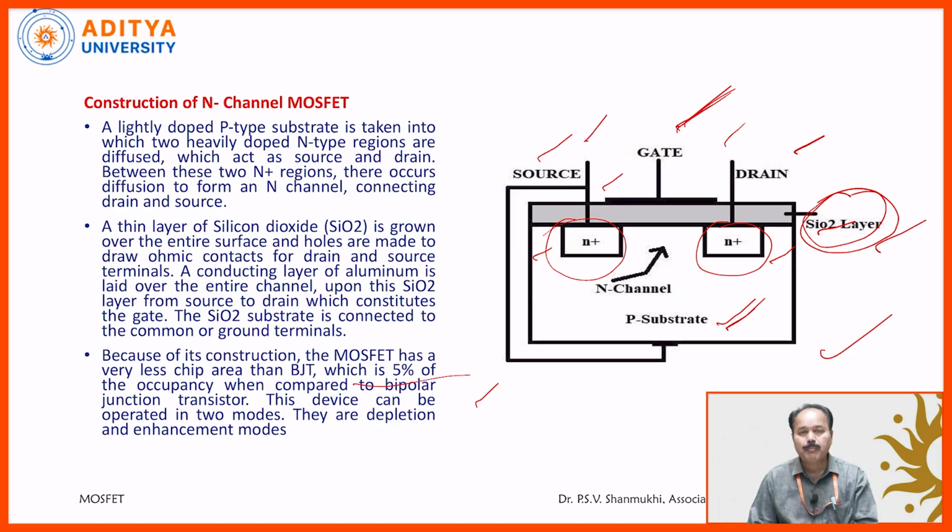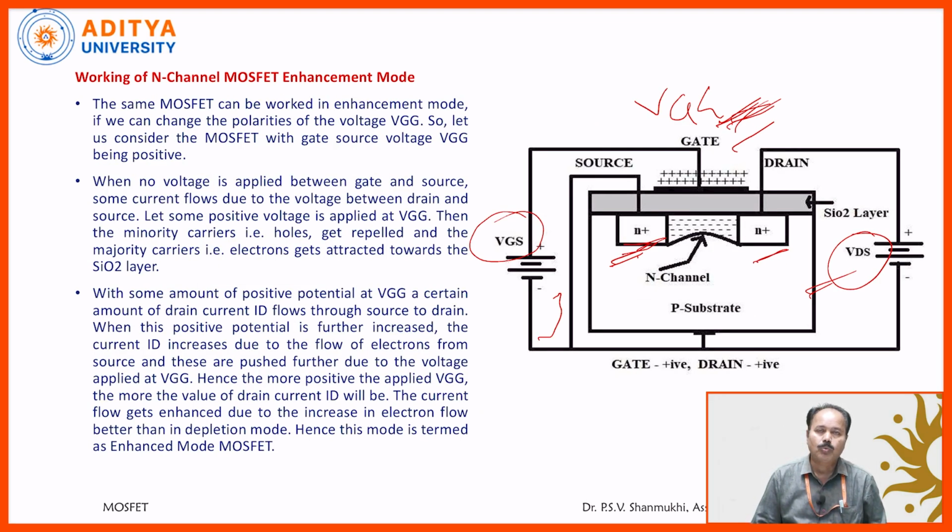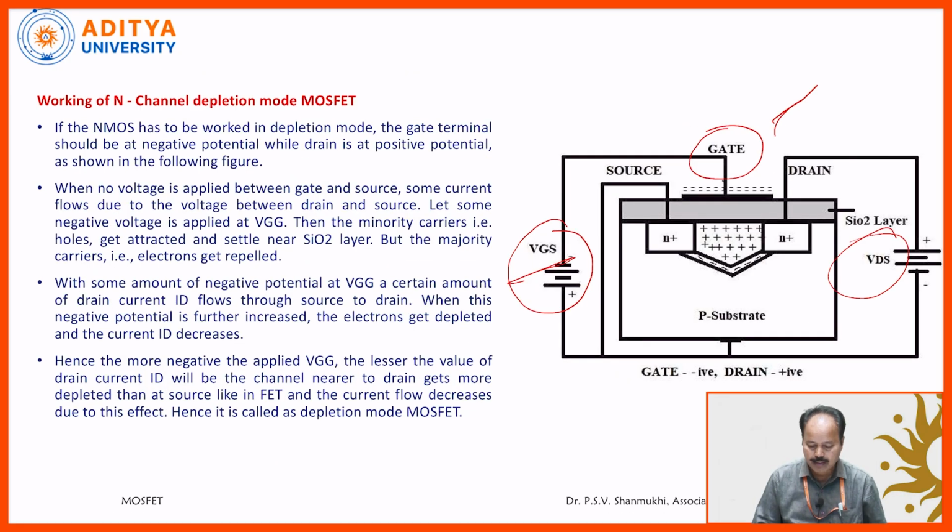Now coming to the circuit connections, we can operate this one under two modes. One is the enhanced mode, another one is the depletion mode. In case of enhanced mode, the gate is kept at a positive voltage. In case of depletion mode, the gate is kept at a negative voltage.